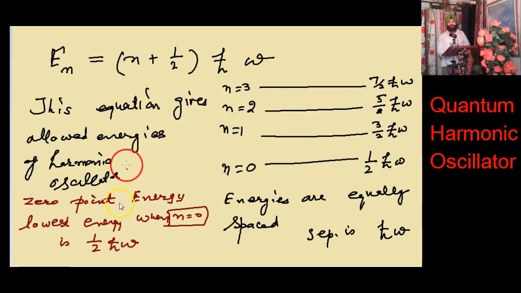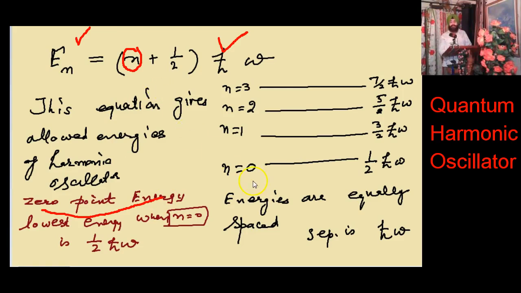But very important is this is the energy, and when you put n equal to 0, that will be the least energy in quantum mechanics, and that least energy is called the zero point energy.